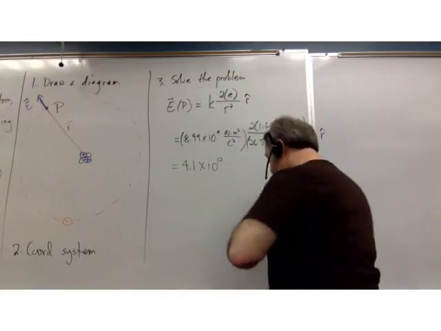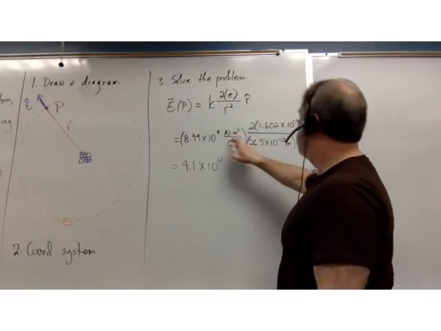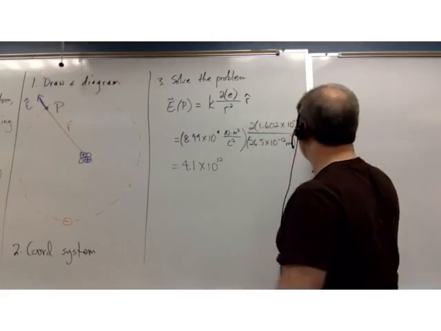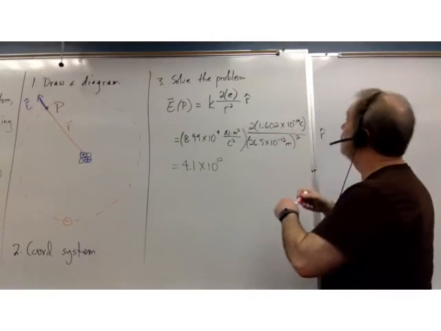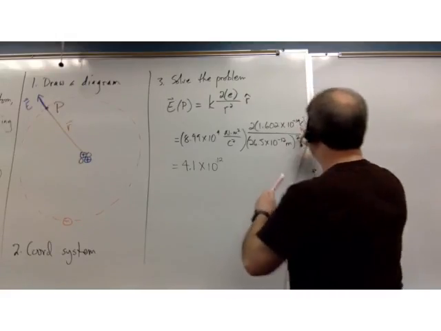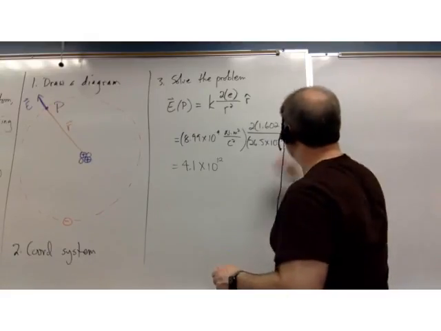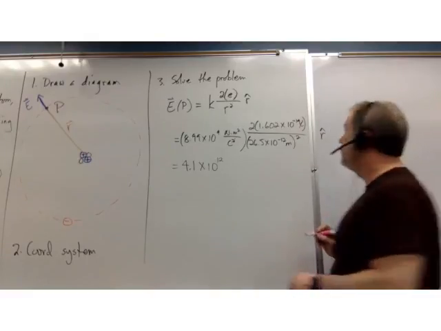And as for units, let's take a quick look at that. Newtons times meters squared over coulomb squared. Up here we have coulombs to the first power, so that divides out with one of those coulombs, not both of them, just one of them.